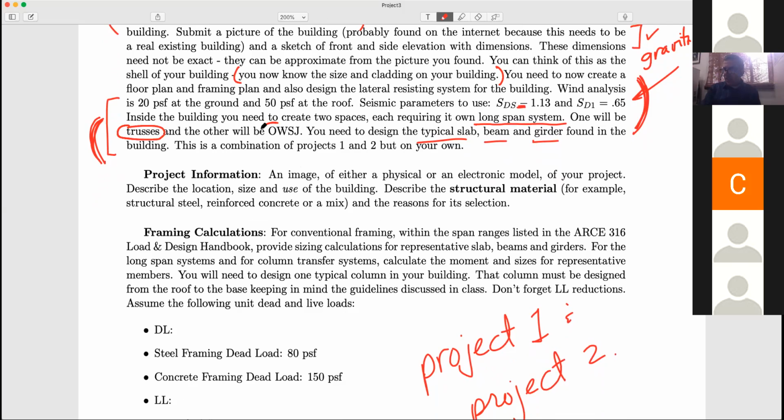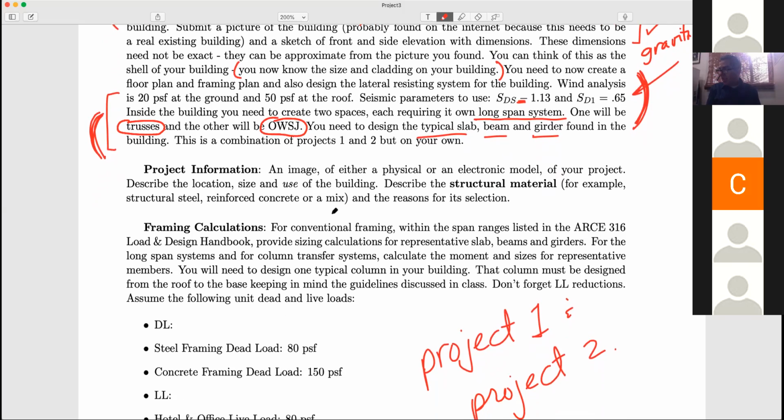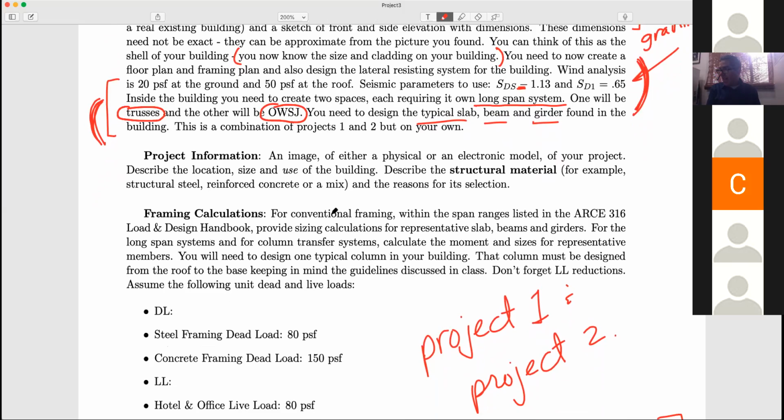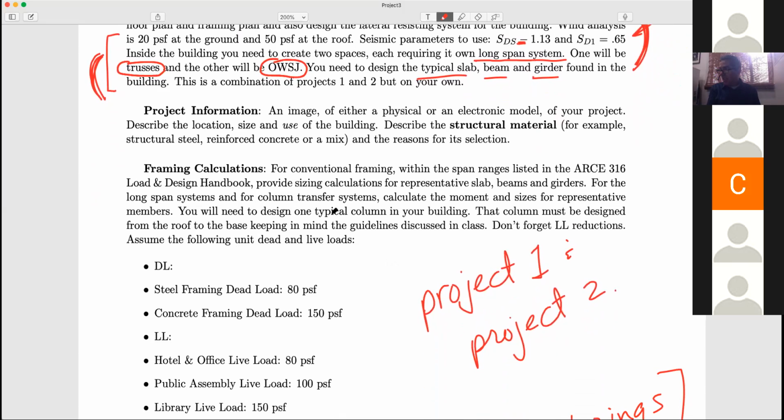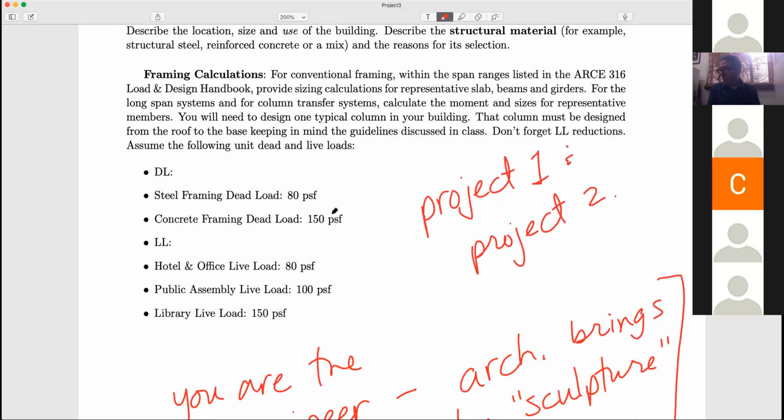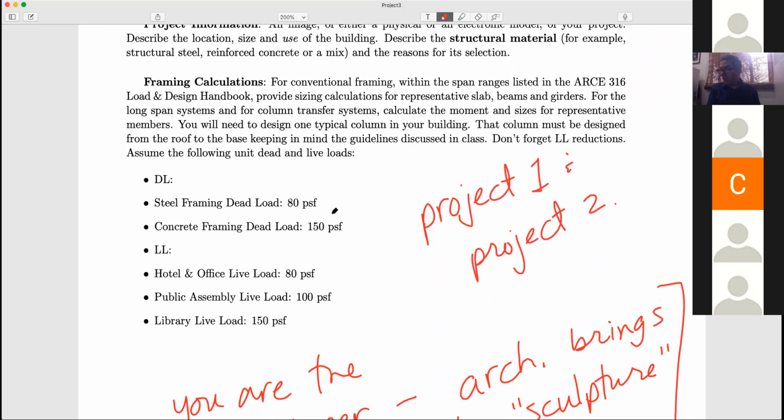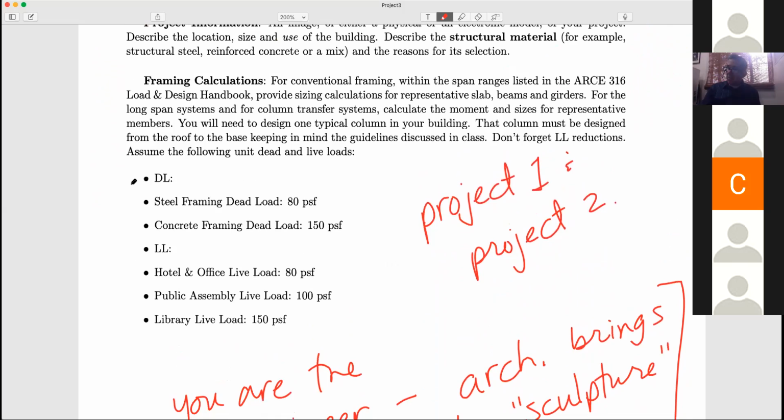The other one you'll do as open web steel joists. And then also create, obviously, the lateral system, choosing the lateral systems and doing all the design work on it. What the building is going to be used for is up to you, and I'll have an example here in just a second.